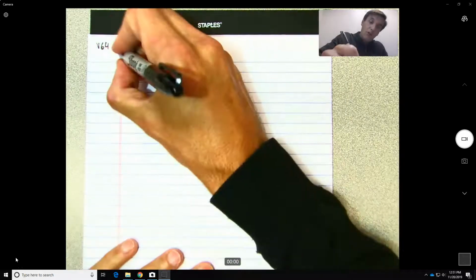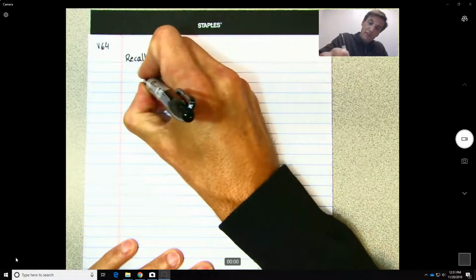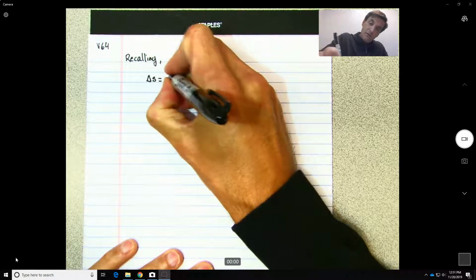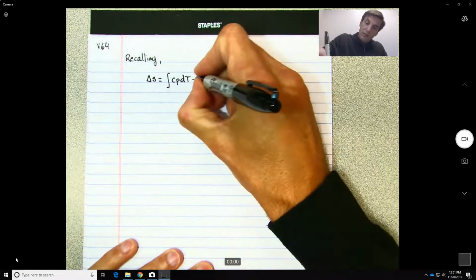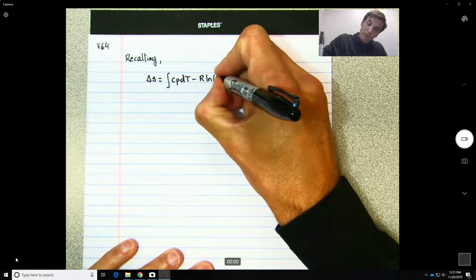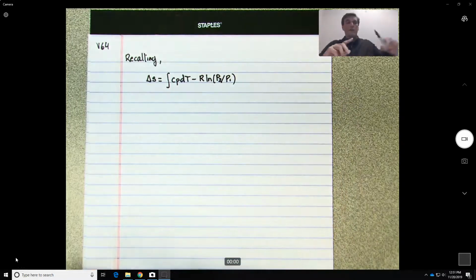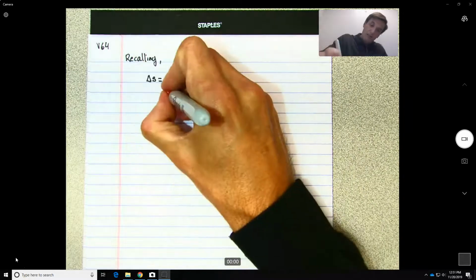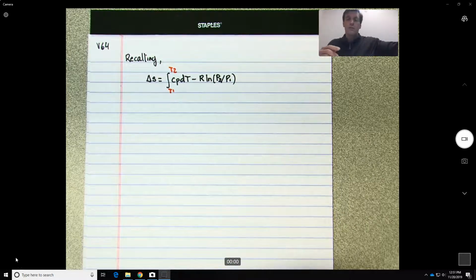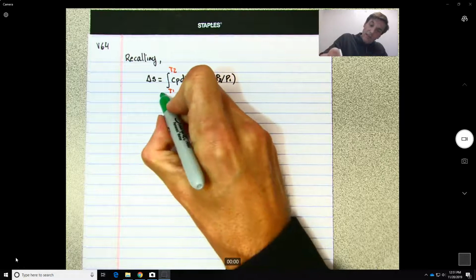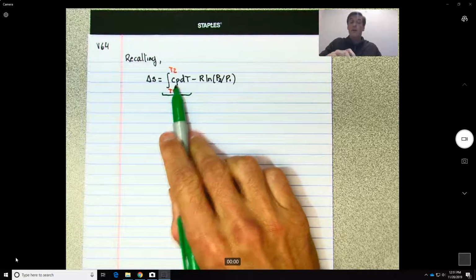All right, so let's recall the equation for the change in entropy. We had one expression that is of this form over here, if we are integrating between, let's say, T1 and T2. This is the term from a previous video, and this is because Cp is not constant, it depends on the temperature.